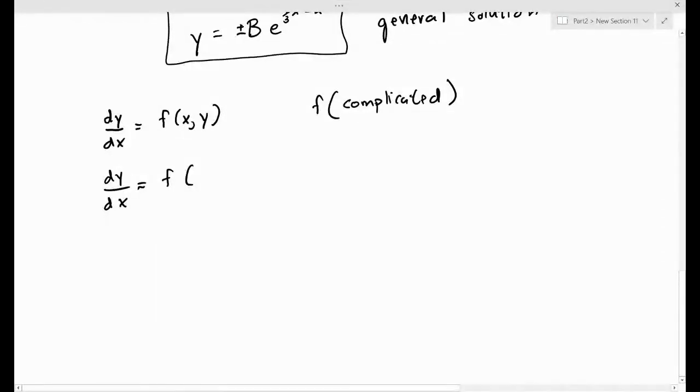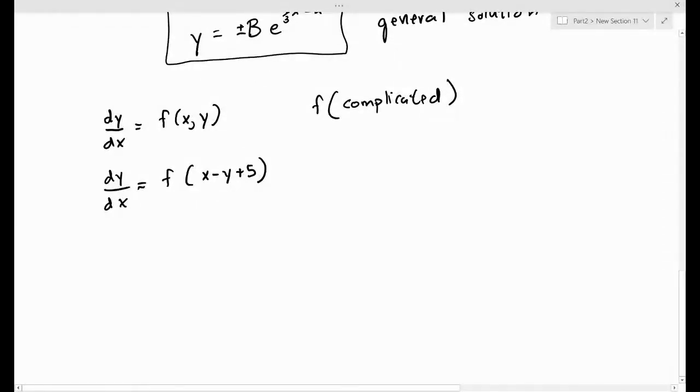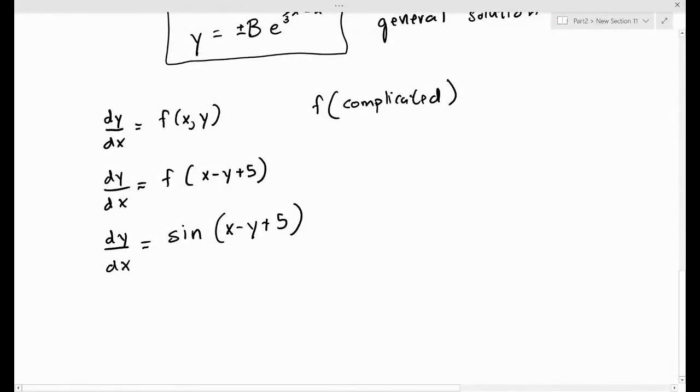So for example, instead of having just a function of x and y, we have a function of some expression that you see over and over again. Say x minus y plus 5. And so an example of that might be sine of x minus y plus 5, right? So the idea is to take this complicated thing and lump it into a new variable.